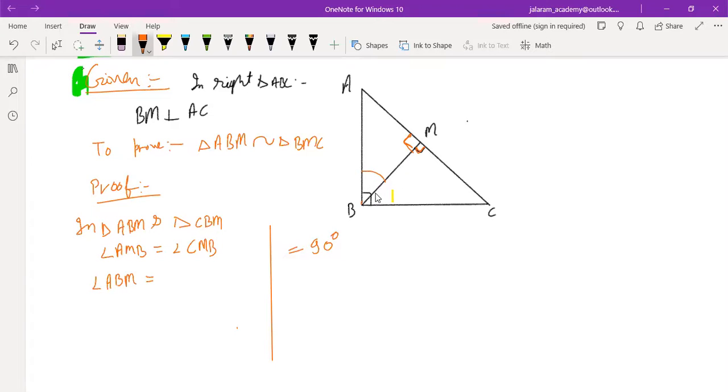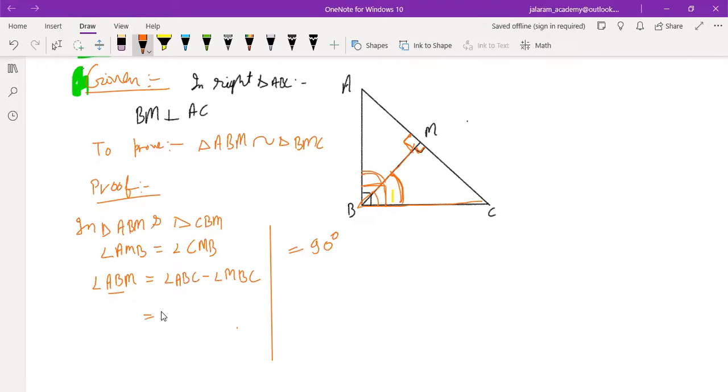Take angle ABM and remember this angle ABM is equal to angle ABC minus angle MBC. Whole angle ABC minus partial angle MBC equals angle ABM.